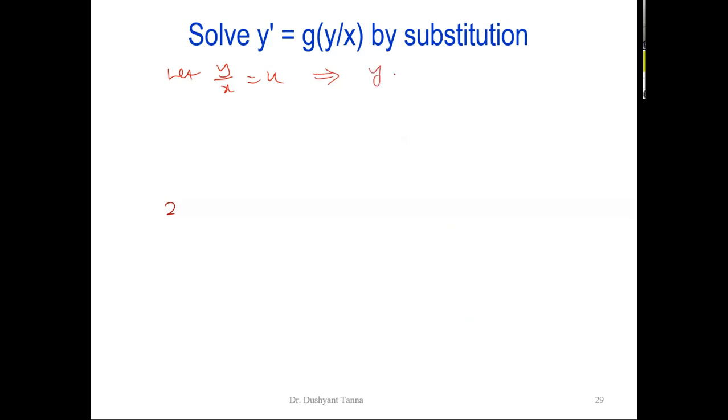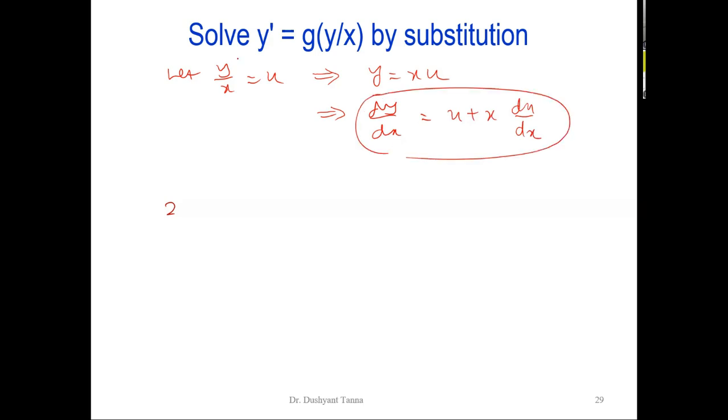Since you will have your formula sheet, you don't have to go for additional steps, save your time. You can say y is equal to xu, and therefore dy by dx will be u plus x du over dx. You won't need this bit because you already converted that in the y on x form.